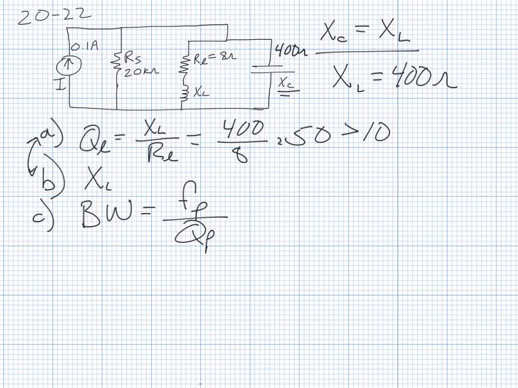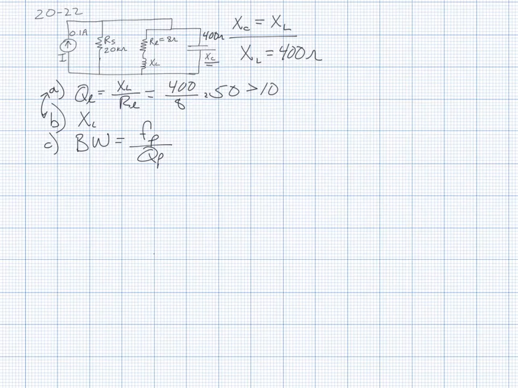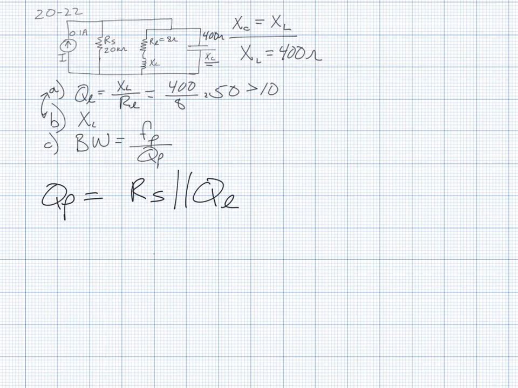Let me slide this up here, shrink this and slide it up. We're going to go ahead and calculate our QP based on what we have for the resistance, the series resistance here, and we know it's not infinity. So we know that we have the series resistance in parallel with the Q of the inductor squared multiplied by the resistance of the inductor. And this was all divided by the reactance of the inductor.